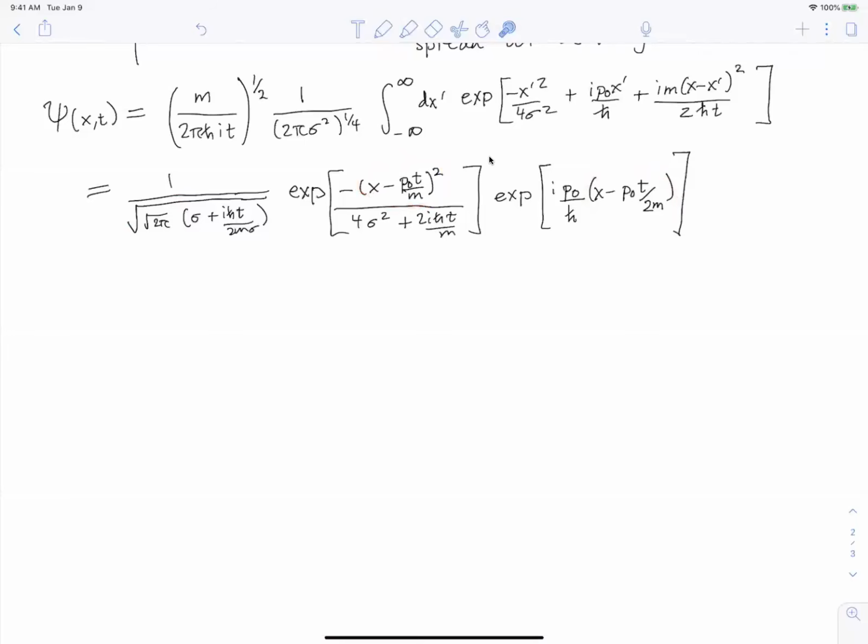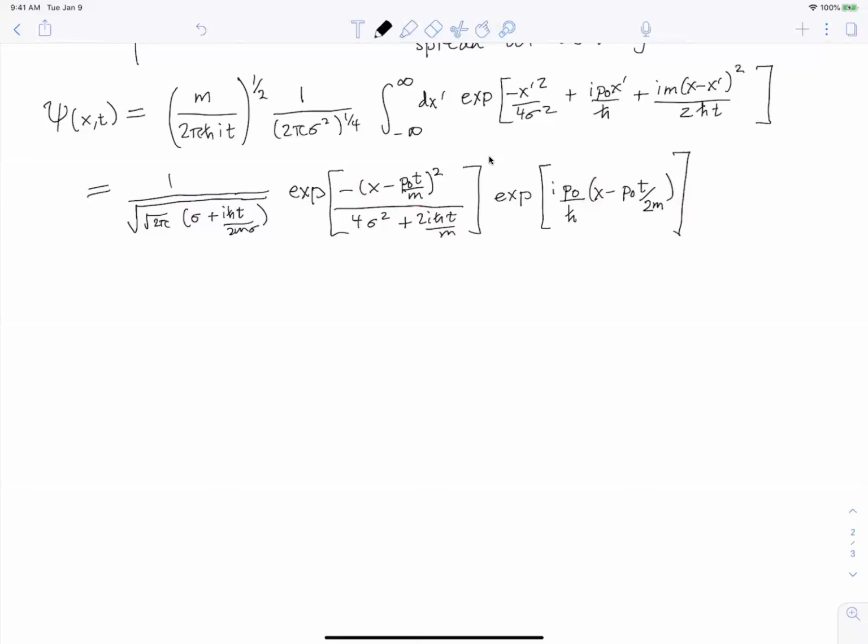Okay, so it turns out this one right here is a phase, and so it's going to be not so important as this one, which contains a Gaussian factor. Okay, so in fact, to make that a little bit clear, we notice that the first exponential actually is complex, and that's annoying.